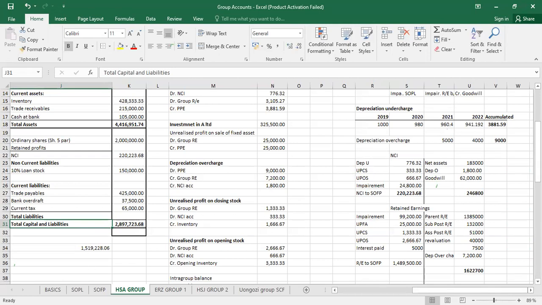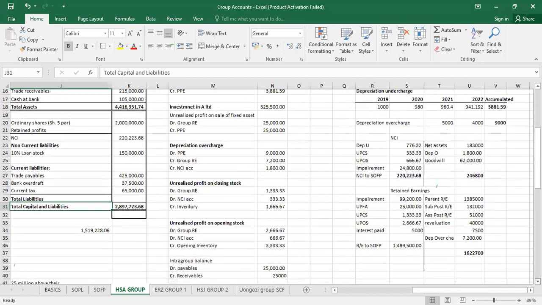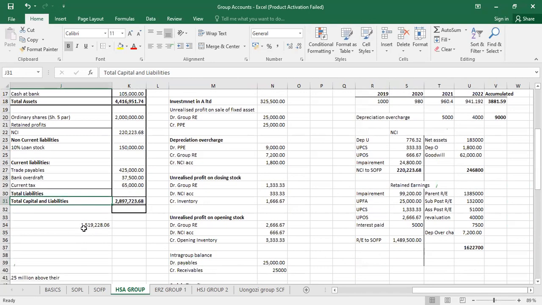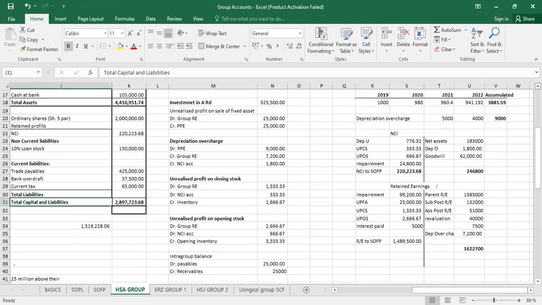You can find that the difference is 1159, and this is the difference. So it can be just like maybe a small error. I don't know where it is coming from. Yes, the impairment is good. Also the goodwill. So I can see where the problem comes in.